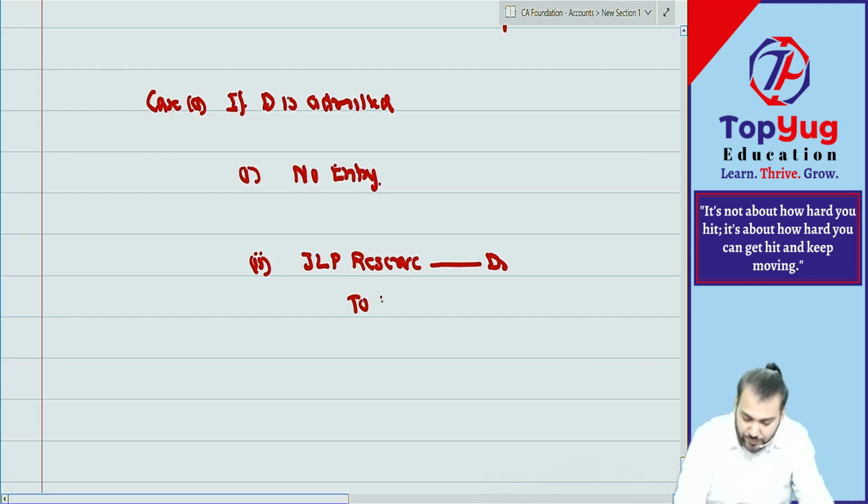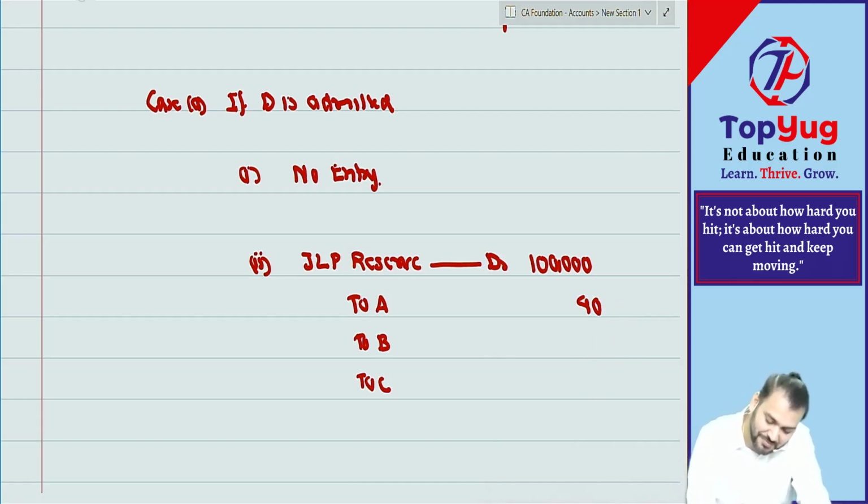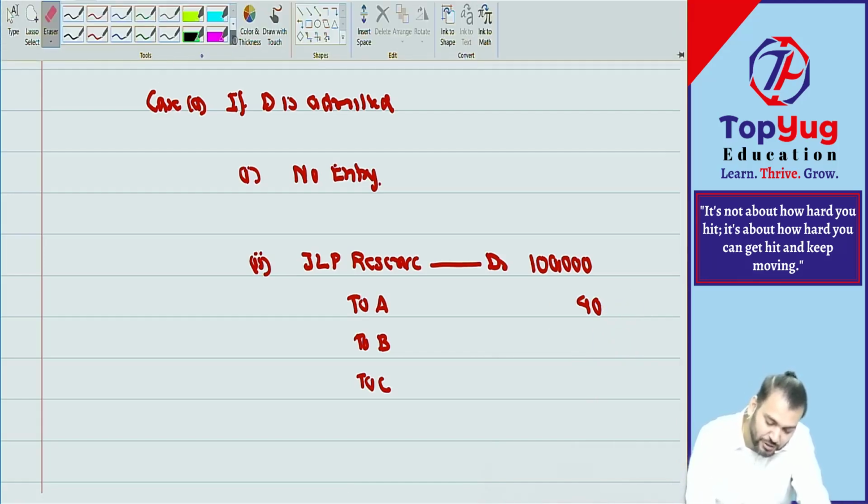To which partners? To A, B and C. How much? 10 lakh? 1 lakh na. In which ratio? 40, 40, 40. Have you understood this point?